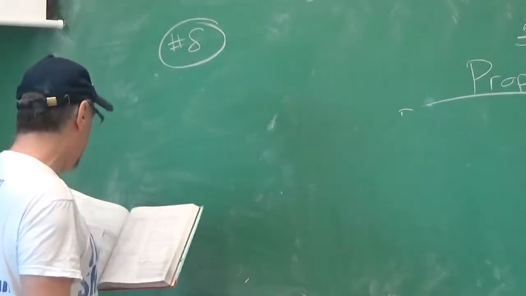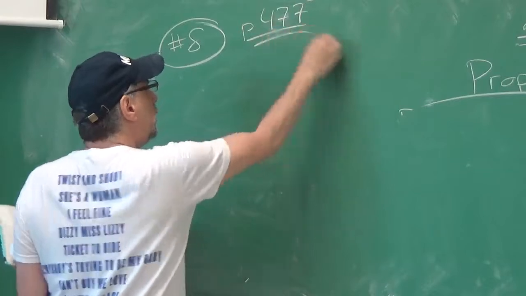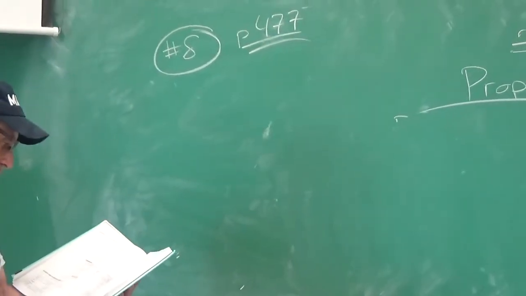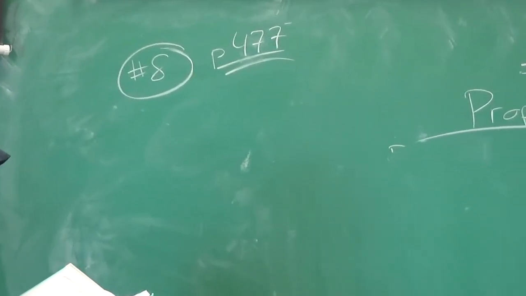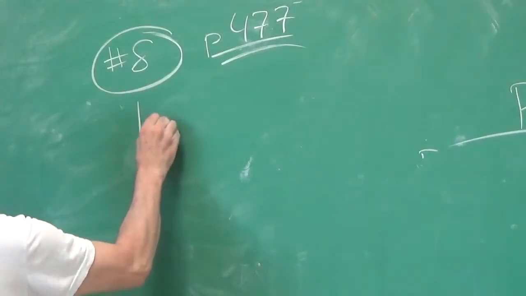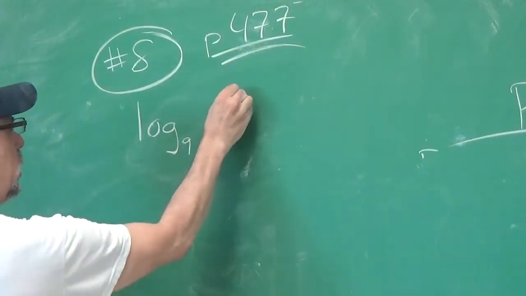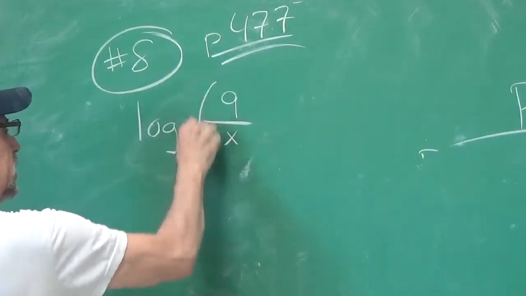All right, number 8 on page 477. We are expanding. Use logs to expand these expressions. So here we've got a logarithm base 9 of 9 over x.